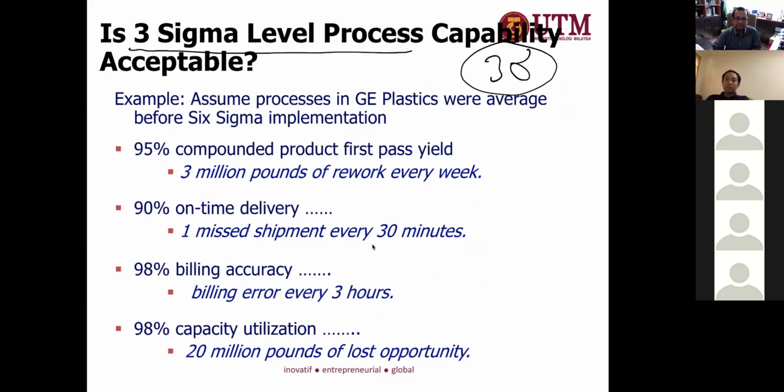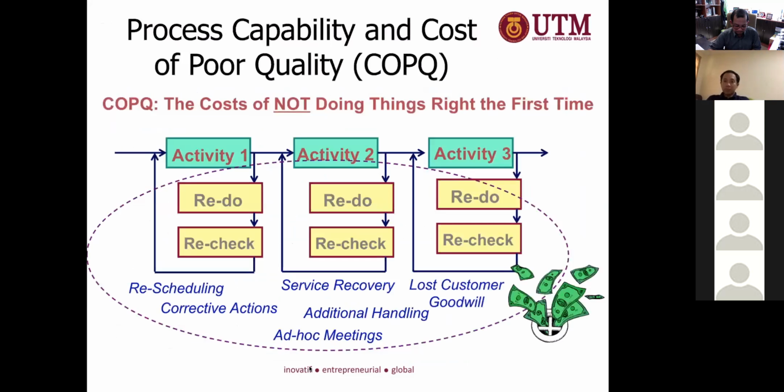Billing accuracy: 3 billing errors every 3 hours. 20 million pounds of lost opportunity. This is 3 Sigma. And when we have defects, we have to redo. That's the cost of poor quality, as I mentioned in the earlier class.